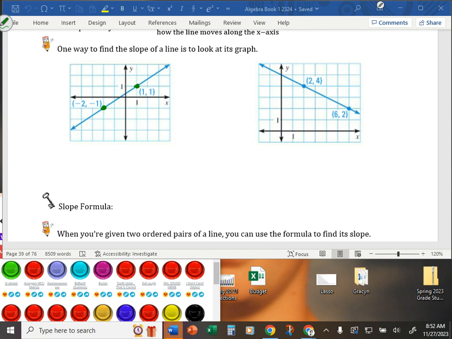We're going up 2 over 3. The change in y, we went up the y-axis 2. The change in x, we went across the x-axis 3. So that slope, y over x, equals 2 over 3.